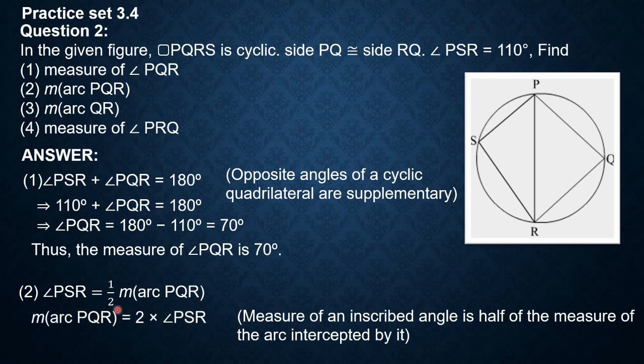Now, we take this 2 to the other side, so it gets multiplied with angle PSR. Hence, measure of arc PQR is equal to 2 times angle PSR. Angle PSR is 110 degrees, as given in the question. So in place of angle PSR, we substitute 110. 2 into 110 is 220 degrees. Therefore, measure of arc PQR is 220 degrees. With that, we finish the second part of this question.